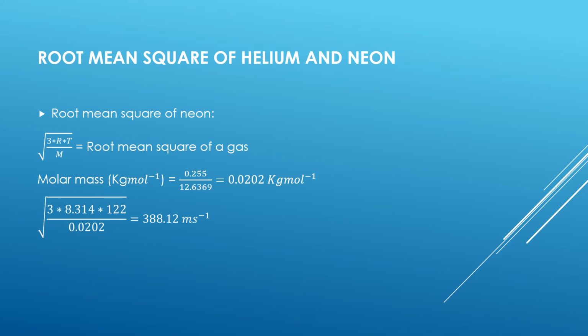This equals 0.0202 kilograms per mole, so plugging this into the equation, we get the square root of 3 times 8.314 times 122 divided by 0.0202. This is equal to 388.12, so the root mean square of neon is equal to 388.12 meters per second.